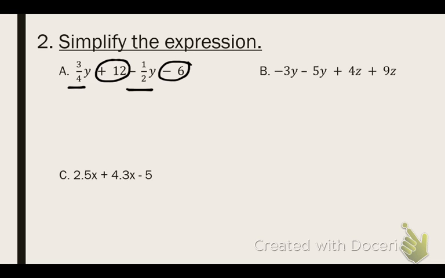All right, so sometimes people get scared whenever they see fractions, but we don't have to be scared. We're just going to combine those like terms, but we do have to do a little bit of extra work. So we've got 3/4 y minus 1/2 y. Do I need the same denominator? Yes. What should it be? 4. So this one's going to stay as 3/4, and this one, how do I get that 2 to turn into a 4?